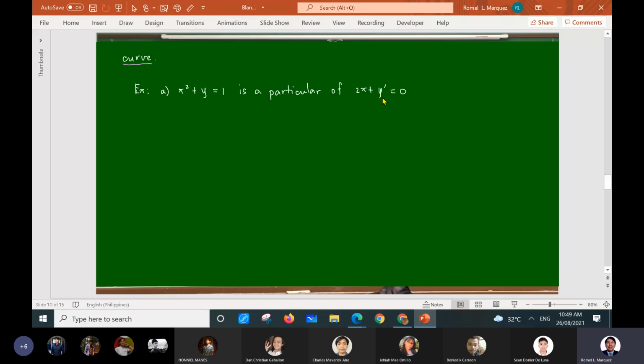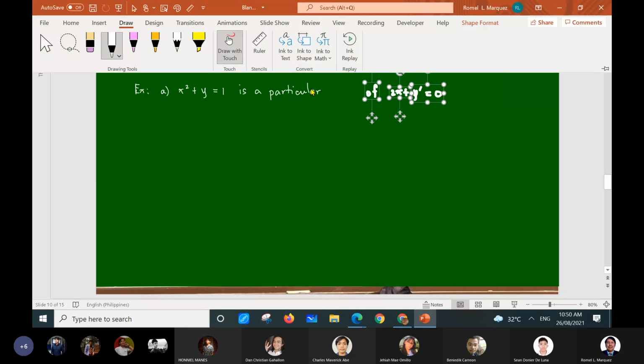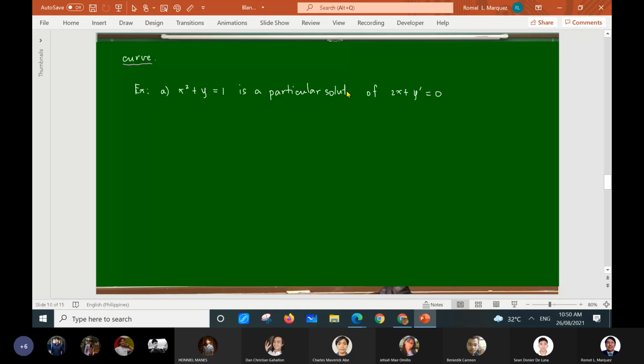This DE is satisfied by this. And since this does not contain even a single arbitrary constant, as long as there is no arbitrary constant satisfying a given DE, that solution is called a particular solution. Clear?